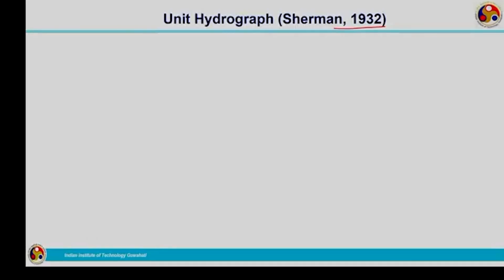Even though the catchment is not behaving as a linear system, we are assuming that the catchment can be considered as a linear system, because we know the processes which are taking place within a catchment are not linear, very complex, very dynamic, which have to be represented by means of nonlinear equations. But here the main assumption which we are making is that the system behaves as a linear system.